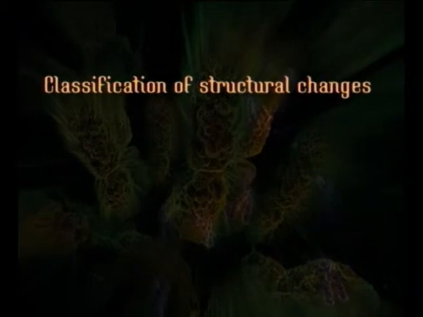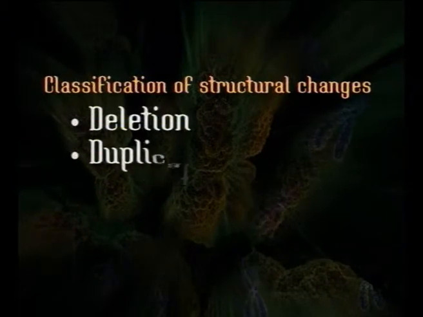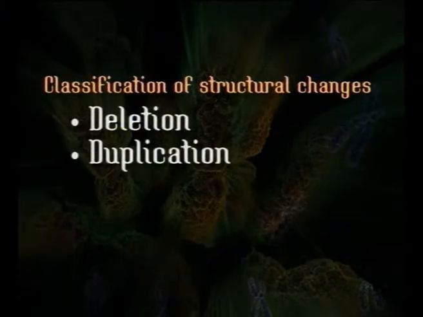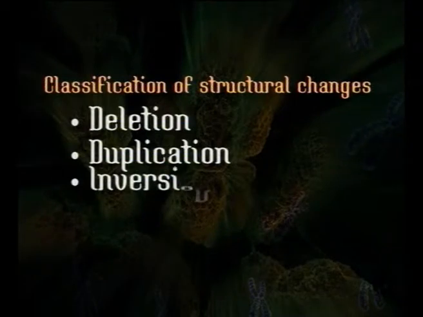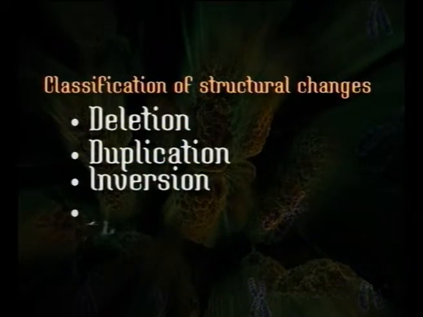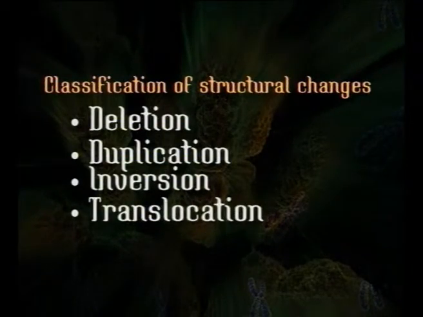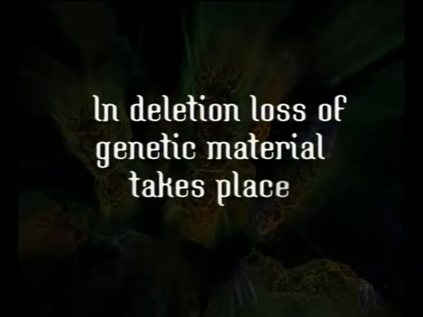These structural changes can be classified into four main types. Number one, deletion. Number two, duplication. Number three, inversion. Number four, translocation. In case of deletion, there is a loss of genetic material as far as the main chromosome in which this change takes place is concerned.